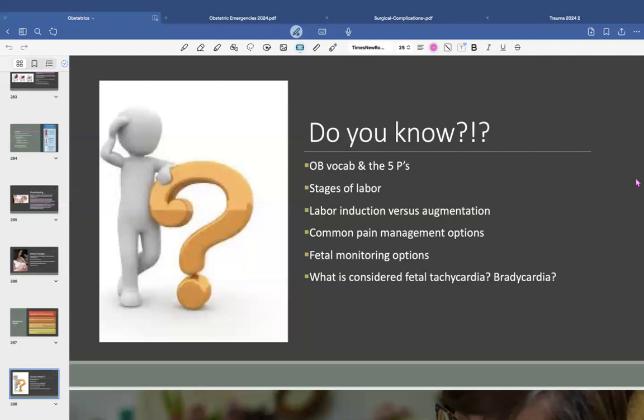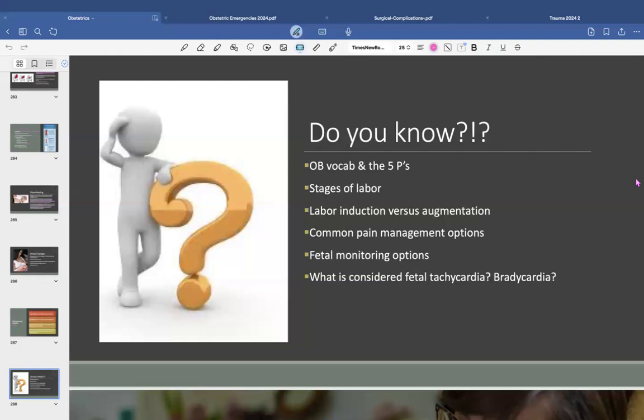Right, so those are some things you need to know. I want you to definitely take a look at the video for the non-stress test, to get familiar with the fetal heart rates. Fetal heart monitoring options are on there. Know what your baseline is, what is tachycardia, what is bradycardia.